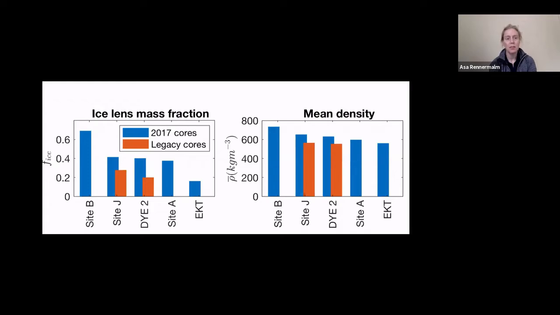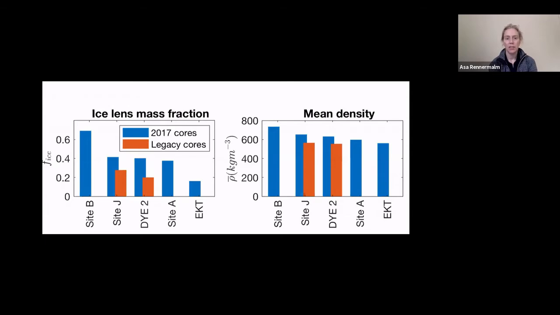At site B, if you look at the scale, almost 70% of the core is ice layers. And at EKT, it's less than 20. And you can see how the density falls as you go up in elevation. Here you can also see change over time by comparing the red and the blue bars at Site J and DI2.